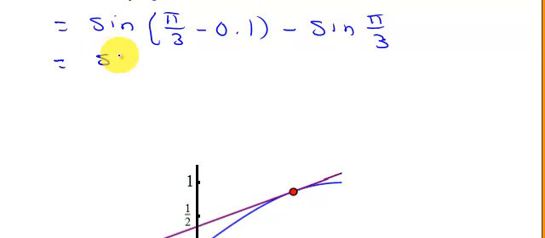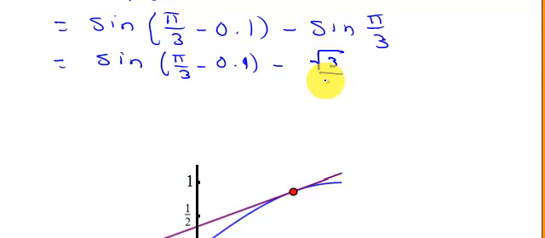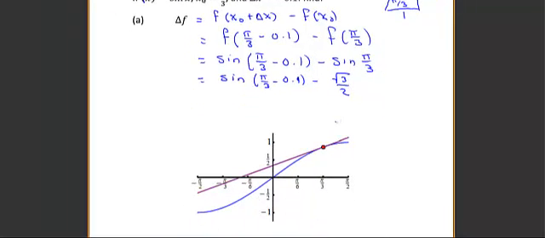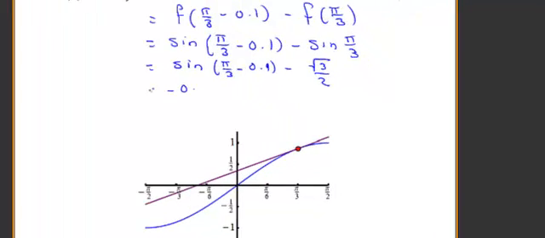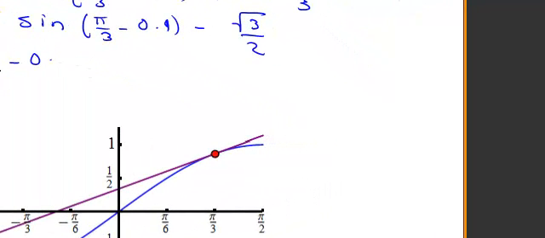So this would be the sine of pi over 3 minus 0.1 minus square root of 3 over 2. If you calculate that out, we get approximately minus 0.054243, and that would be the increment.